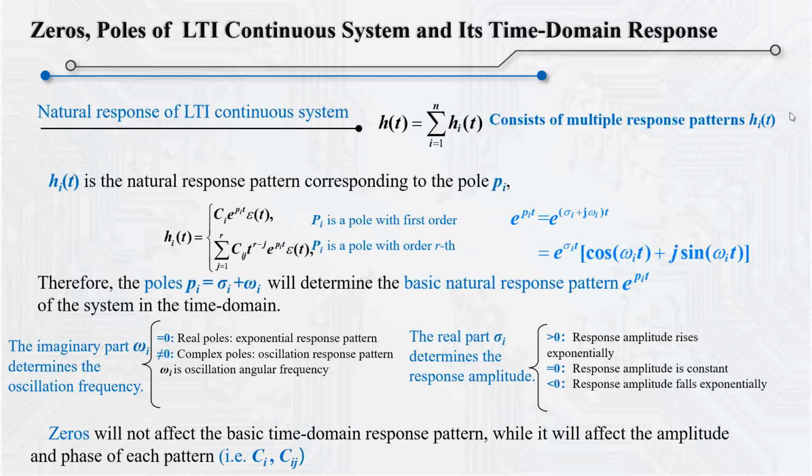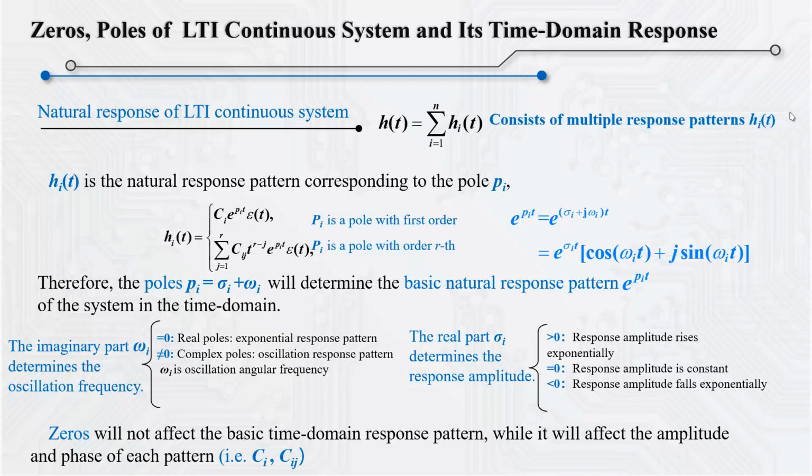Now, let's talk about the relation between zeros, poles, and the natural response of continuous LTI systems in time domain. According to previous conclusions about time domain analysis, the natural response of continuous linear time-invariant system is composed of several different response patterns. Each response pattern has a corresponding pole.